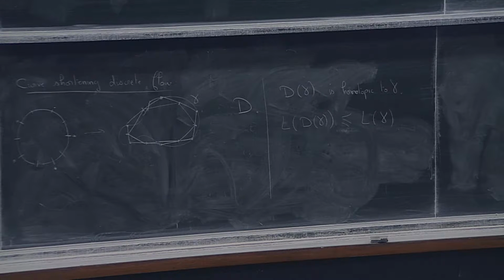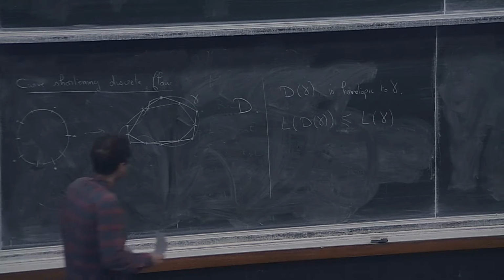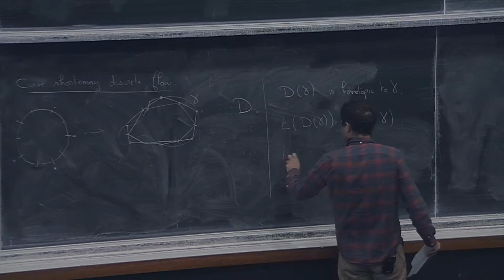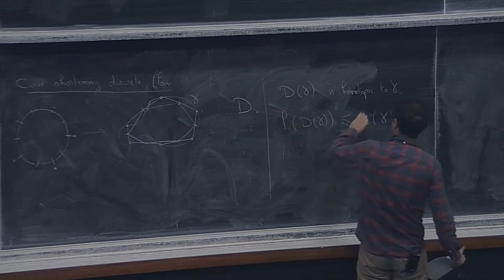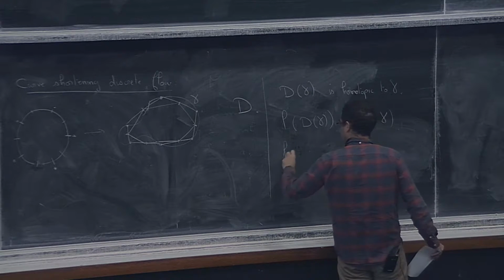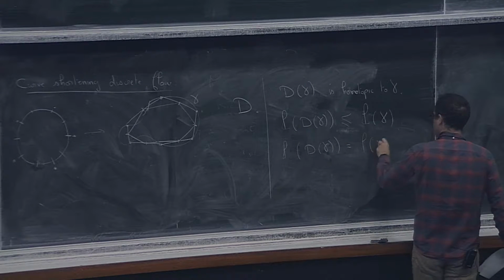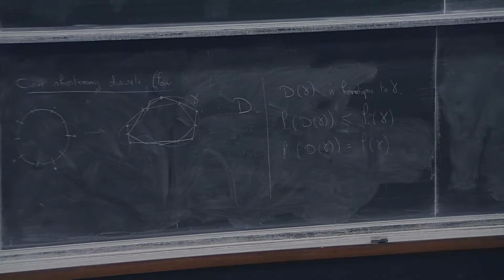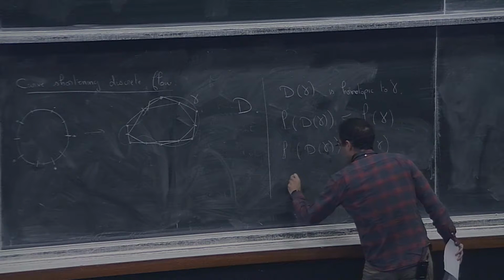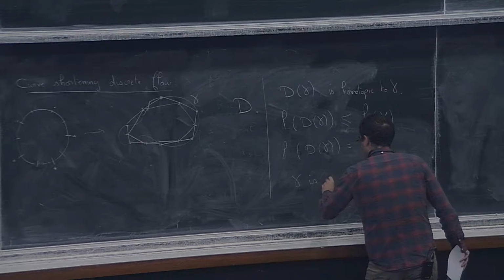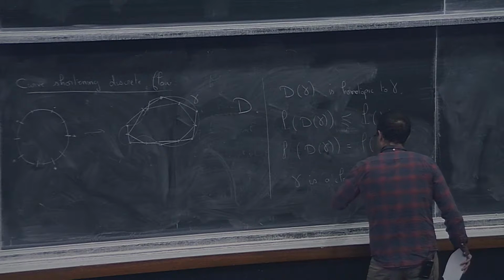Okay. And moreover, if the length of D of gamma is equal to the length of gamma, what you can see is that in fact gamma is a closed geodesic.